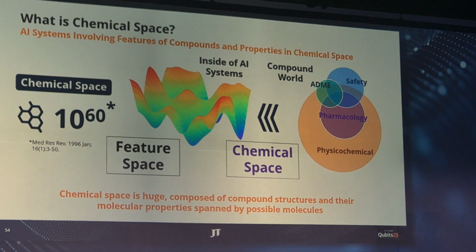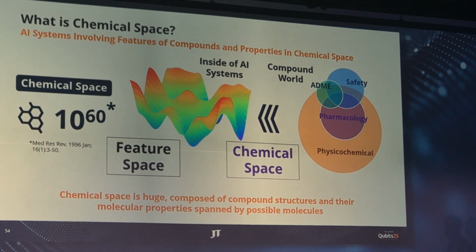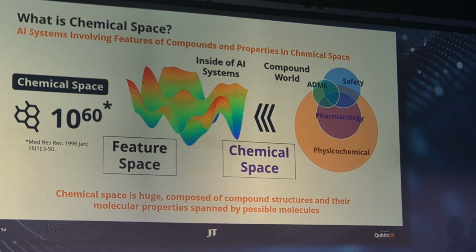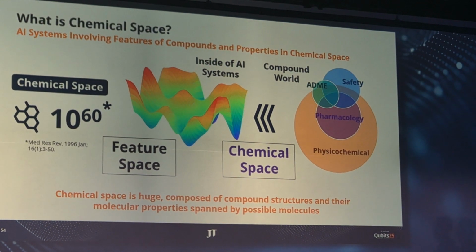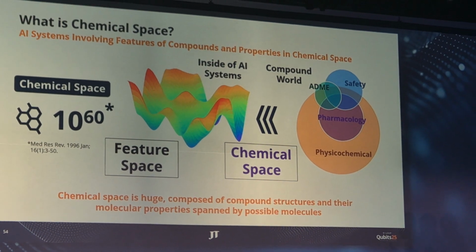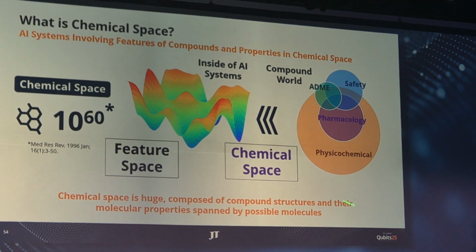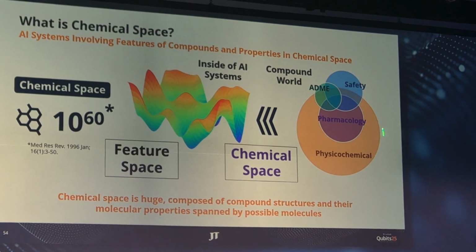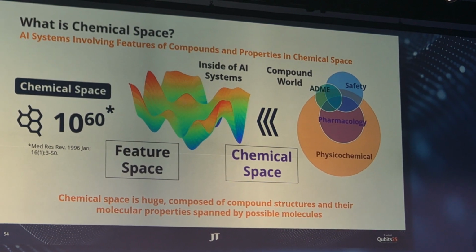Okay, let's go back to the design work. We need to optimize many parameters of the compounds, and so we need to analyze the very huge space, very huge compound world.